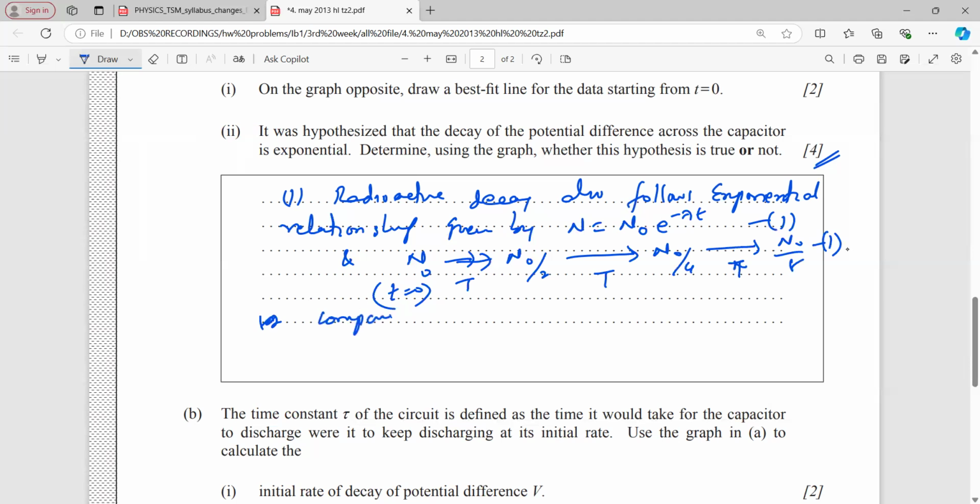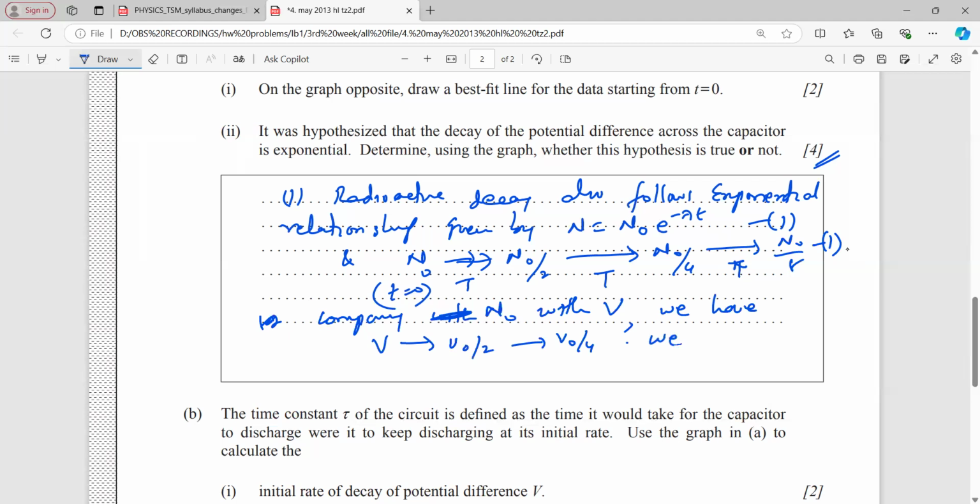Now what you do? Or this will be including this. Comparing N0 with V, we have V becoming V0 by 2, becoming V0 by 4, and so on. Okay.